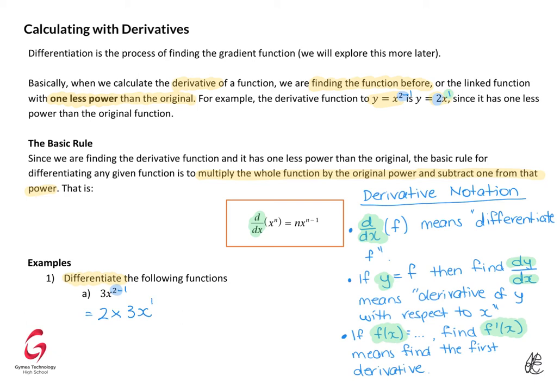And then I look to simplify whatever I end up with. So 2 times 3 gives me 6x, and I don't need to bother writing the power of 1. And that is my derivative of 3x squared. So before we move on to the next lot of examples, I do want you to copy this down into your books, including the notes on the derivative notation, and then we're going to explore some more examples.